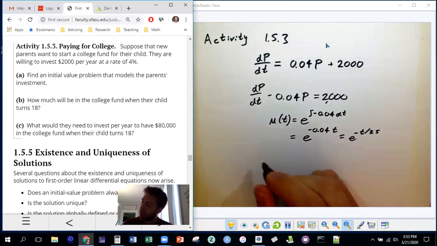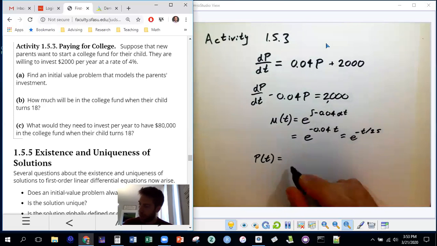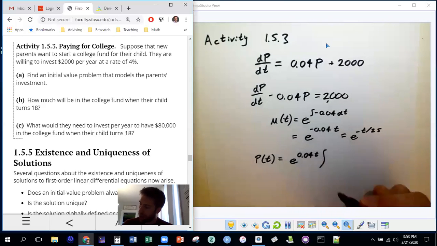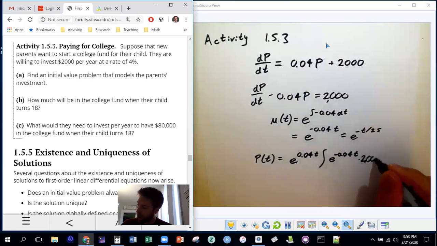Then that means that P of t equals 1 over this, so that'd be e to the positive 0.04 t times the integral of e to the negative 0.04 t times 2,000 dt.